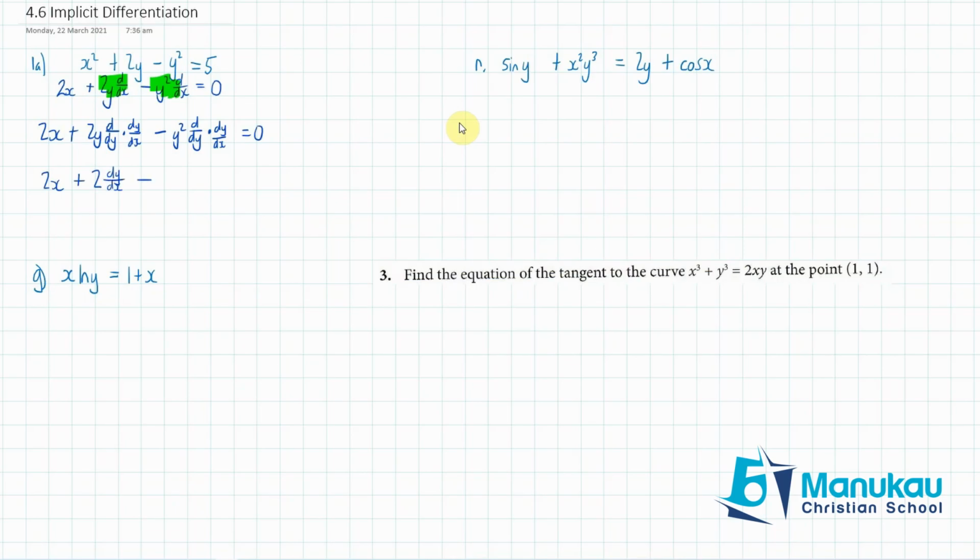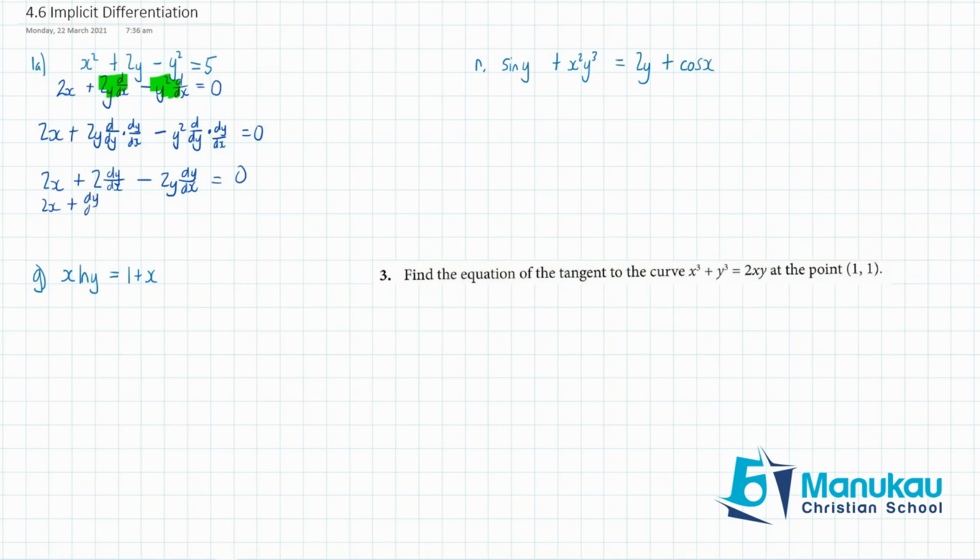Then the y squared will become minus 2y dy dx. So I hope you can see that I'm differentiating this, and this is going to drop out because I've applied that, but I'm still left with this here. Okay, equals 0.